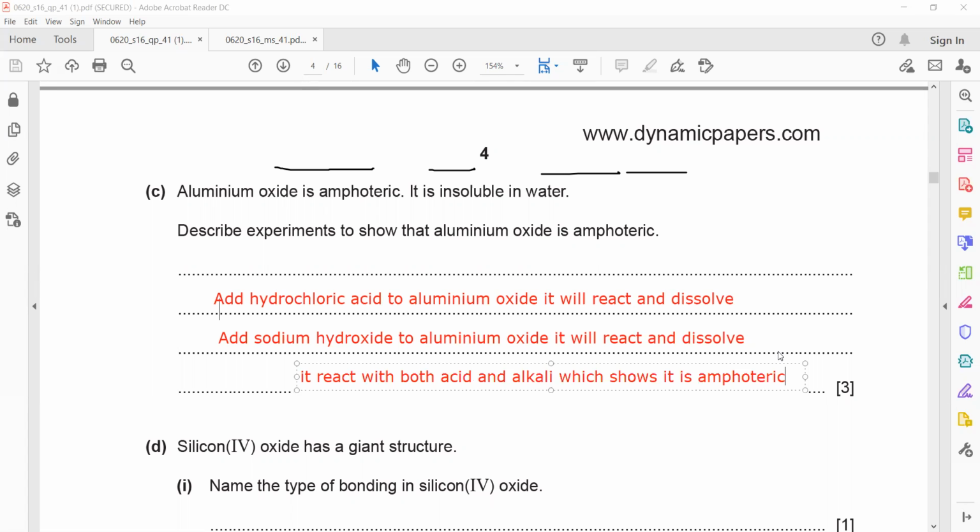Yeah, that's correct. React with hydrochloric acid and sodium hydroxide, neutralize them or form a solution. This shows that it is amphoteric.